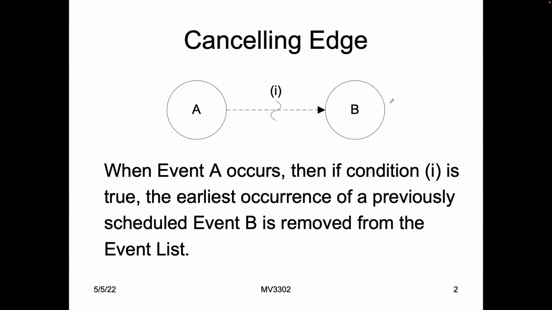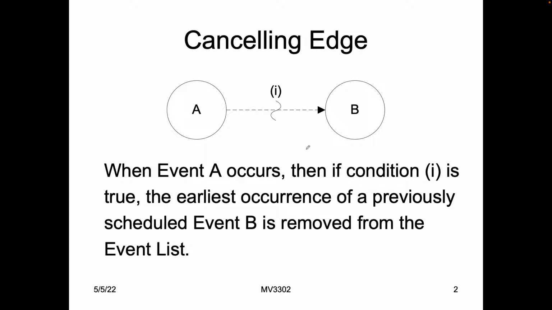That is, in the case that this event, missile intercepted and destroyed, occurred before the impact event, then you would want to take that impact event off the event list, because as far as the model is concerned, that impact would still be there. And if you didn't do that, then we destroyed the missile, but the impact still occurred. Obviously that's not what you want. Okay, so a canceling edge is a way to achieve that.